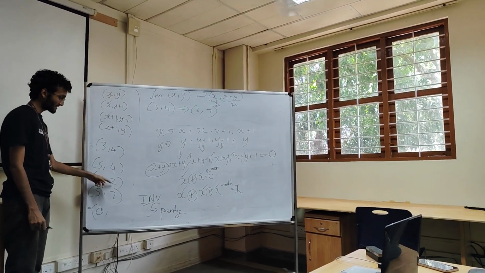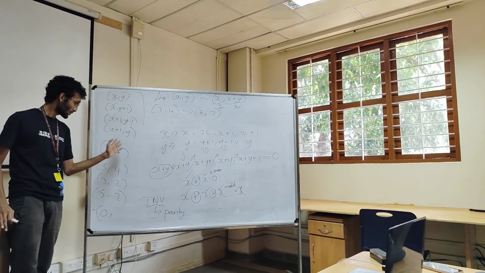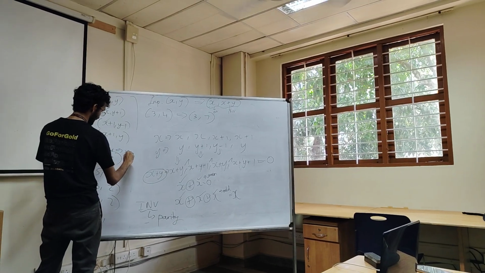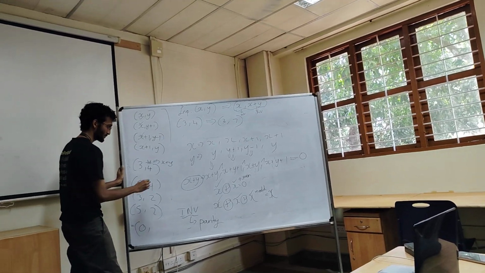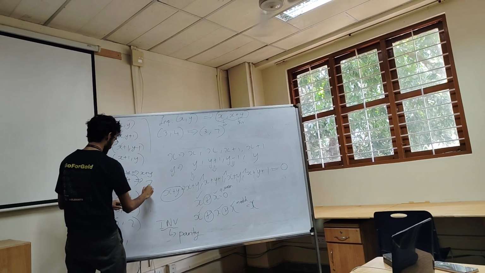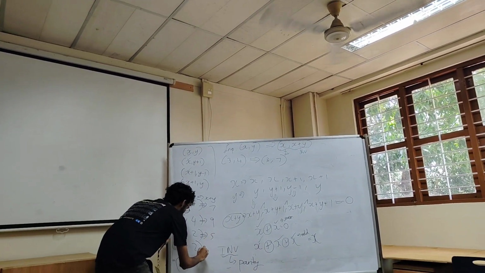And now you see these are y-axes. The y-axis is not an invariant, so you can't take a Xor of all this. Instead, you will have to transform y to x plus y. So x plus y is what? 4 becomes 7, this 4 becomes 9, this becomes 5, this becomes 7.